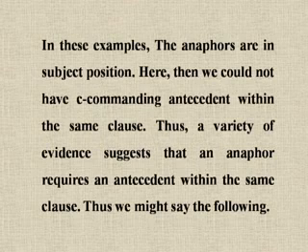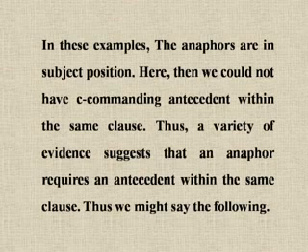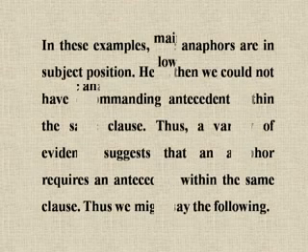In these examples, the anaphors are in subject position. Here, then, we could not have a c-commanding antecedent within the same clause. Thus, a variety of evidence suggests that an anaphor requires an antecedent within the same clause. Thus, we might say the following.